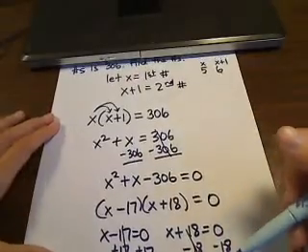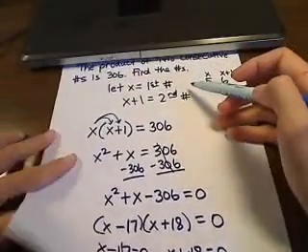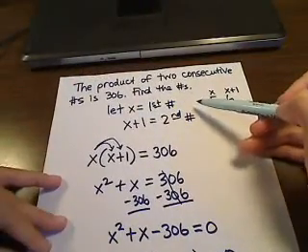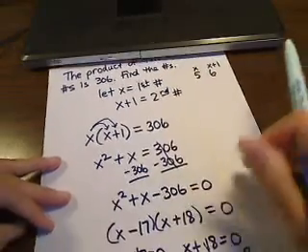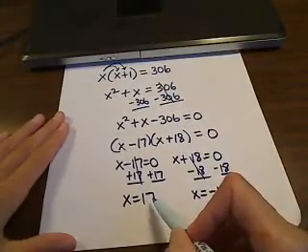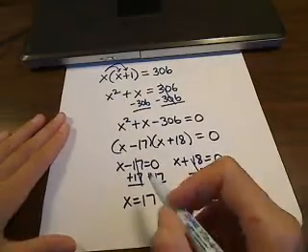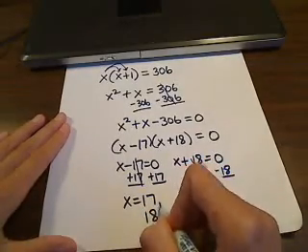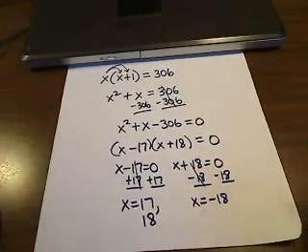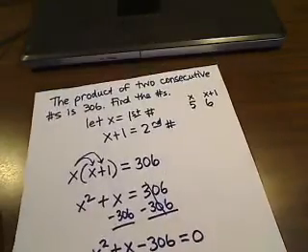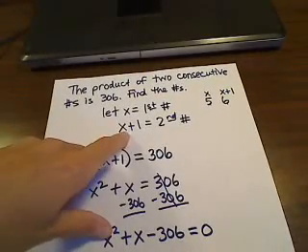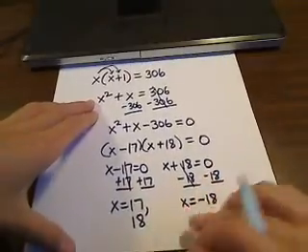Now, these are both solutions because they said to find the numbers, but they didn't say the numbers had to be positive. If 17 is one of my solutions, then a positive 18 will go with that, because if I took my 17 and added 1, I would get 18.